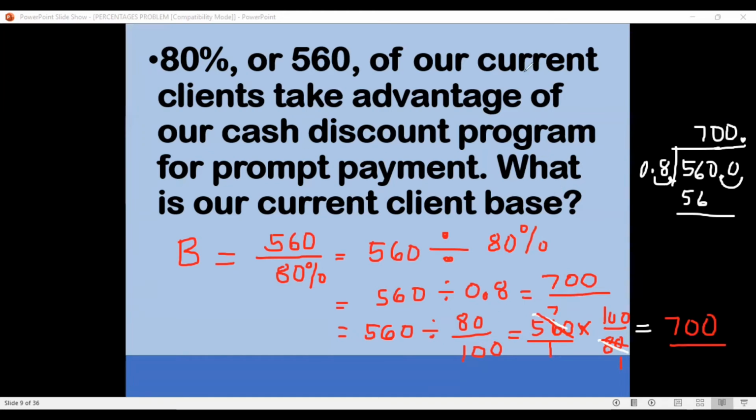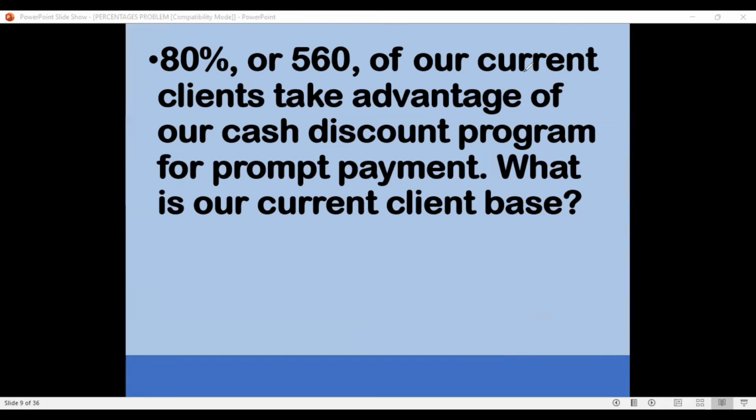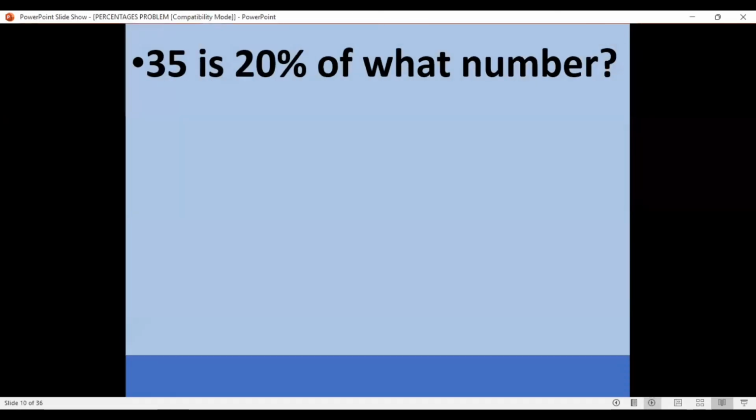Okay, again, it's just simply B is equal to the percentage divided by the rate. So let's have more examples, but this time simple expressions like 35 is 20% of what number? Again, 35 is 20% of what number?